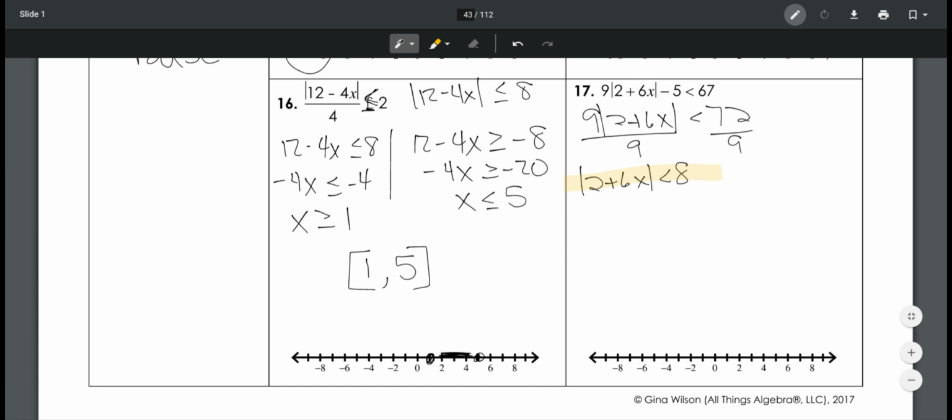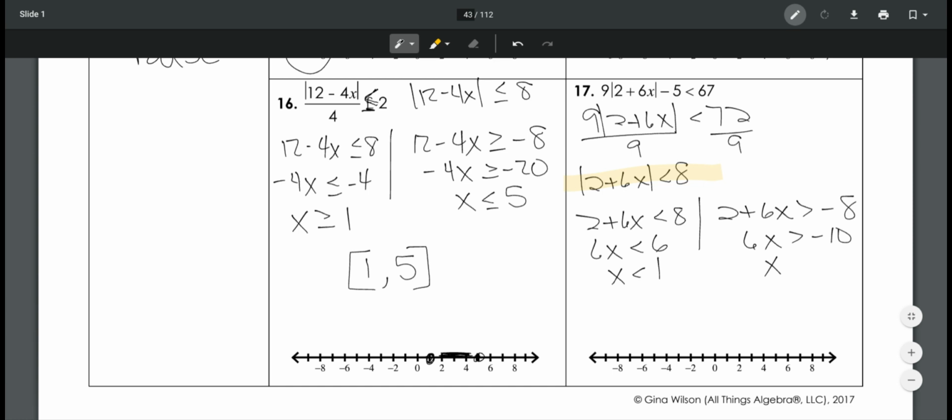This is also an intersection. So I'm going to set up my two problems, 2 plus 6x less than 8, and 2 plus 6x, flip my symbol, change my sign. I'm going to subtract my 2, that gives me 6, divide by a positive, your symbol does not change. I'm going to subtract 2, which gives me negative 10, divide by a positive, your symbol does not change.